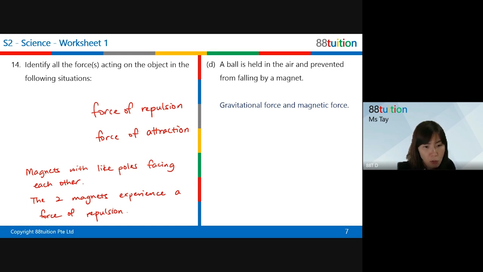Sec 2 is the transition to Sec 3, so you must start practicing writing good answers. Remember, between two students, for example, let's say Hannah, you score 95%, and Nikki, you also score 95%. But Hannah writes down forces of attraction, forces of repulsion, while Nikki writes down attract, repel, gravity, that kind of thing.